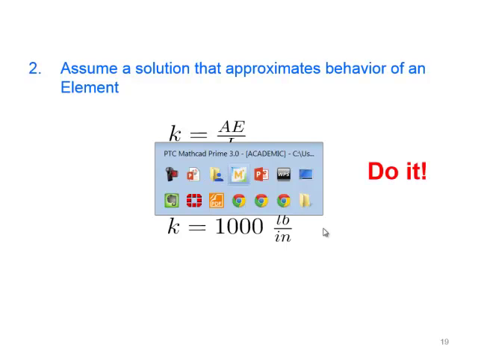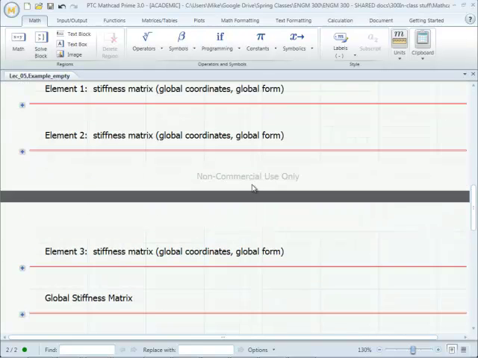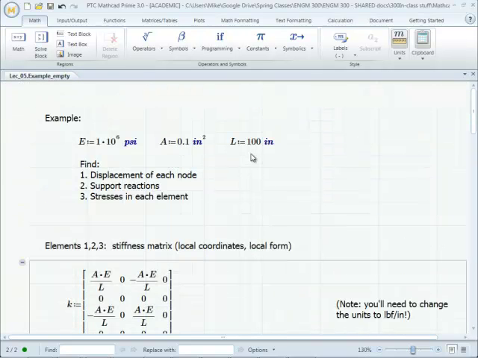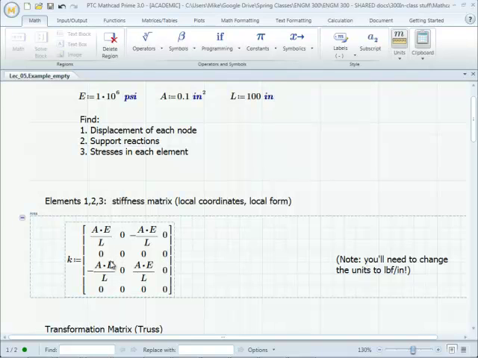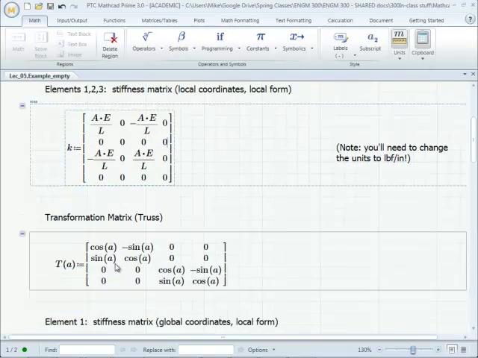All right, so let's do this part. We're going to go over to Mathcad. I have to scroll all the way to the top because it's open in the middle of it. Okay, so we have the stiffness already in there, 1 times 10 to the 6th, 0.1, 100 inches. And if we scroll down, we have AE over L. What's the value of it? 1,000.